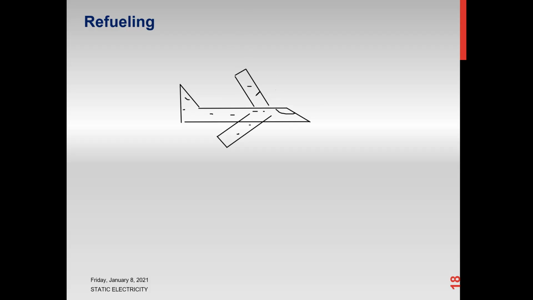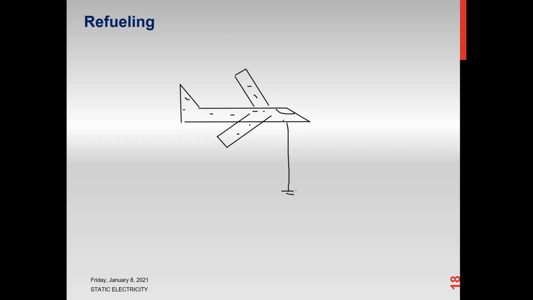When the plane lands, this charge can produce a spark, and that spark can cause a fire. The fuel can catch fire due to that spark, and that can even burn the whole plane. So to reduce this effect, when the plane lands on the ground and they're refueling, they connect an earthing wire.